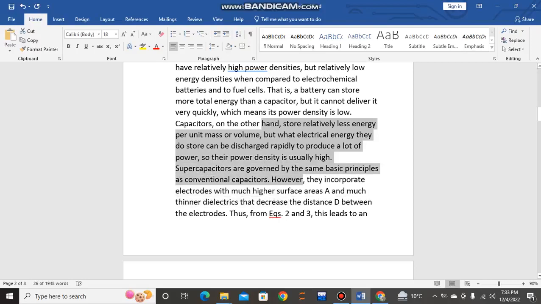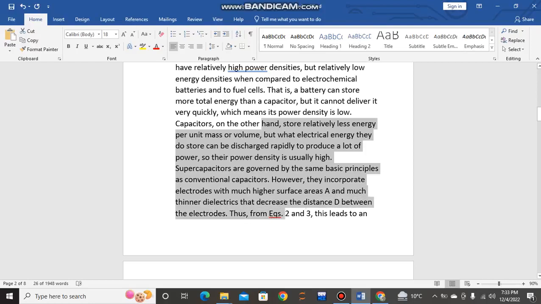Supercapacitors are governed by the same basic principles as conventional capacitors. However, they incorporate electrodes with much higher surface areas and a much thinner dielectric that decreases the distance between the electrodes.